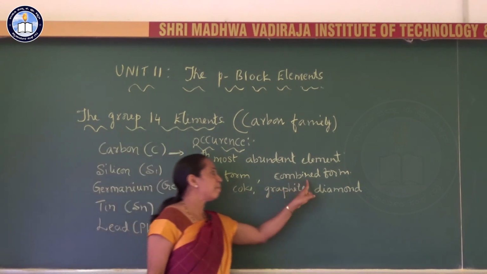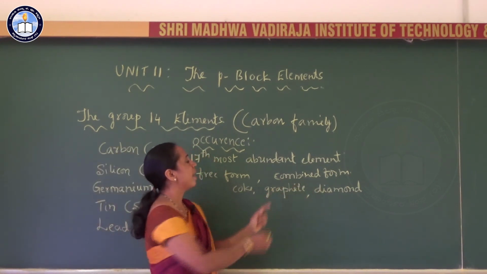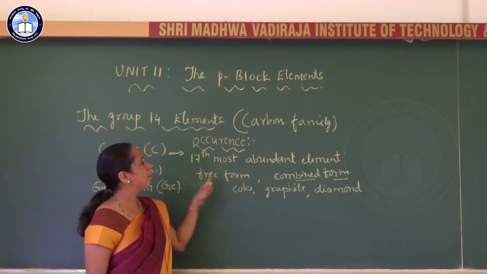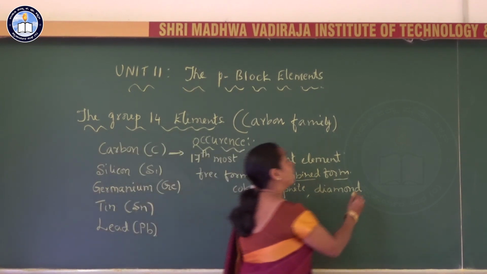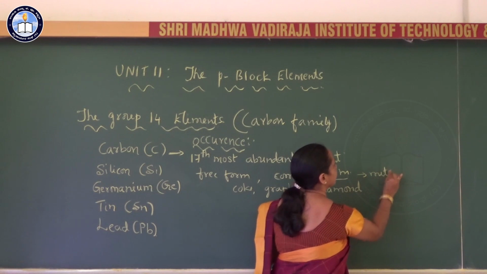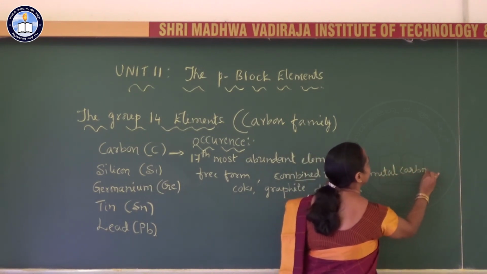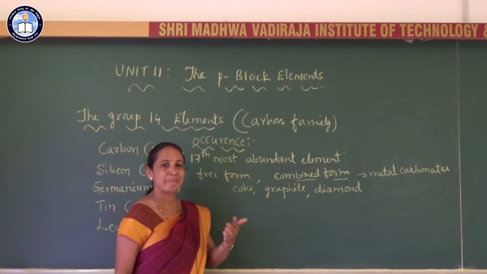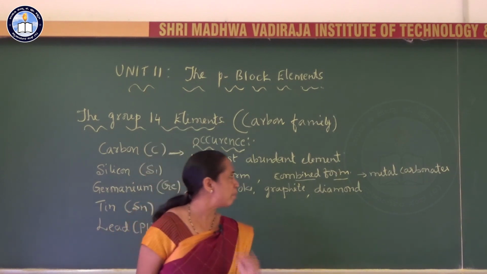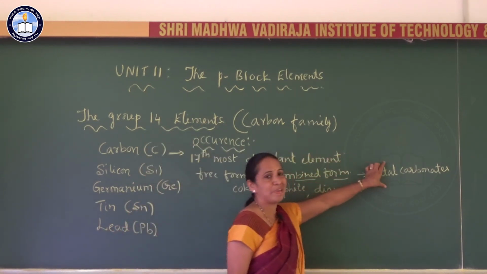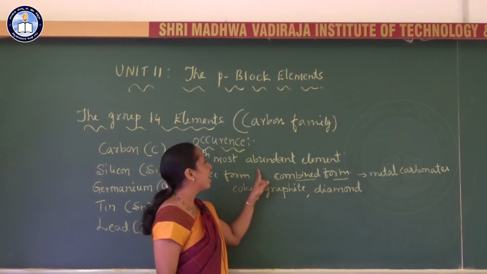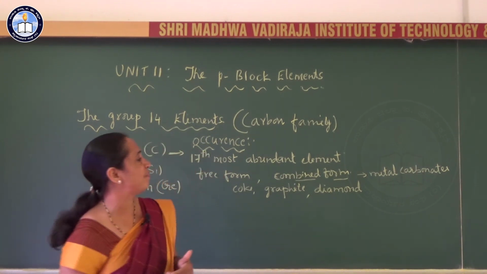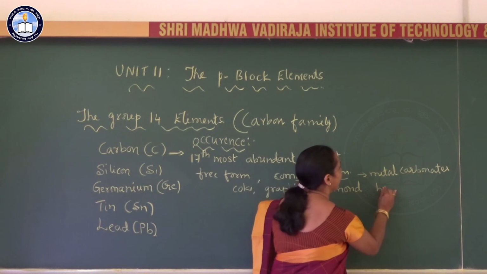Carbon reacts with other elements and also occurs in the combined form. For example, carbon combines with some metals to form metal carbonates: sodium carbonate, calcium carbonate, magnesium carbonate. Carbon also combines with hydrogen and occurs in the form of hydrocarbons.